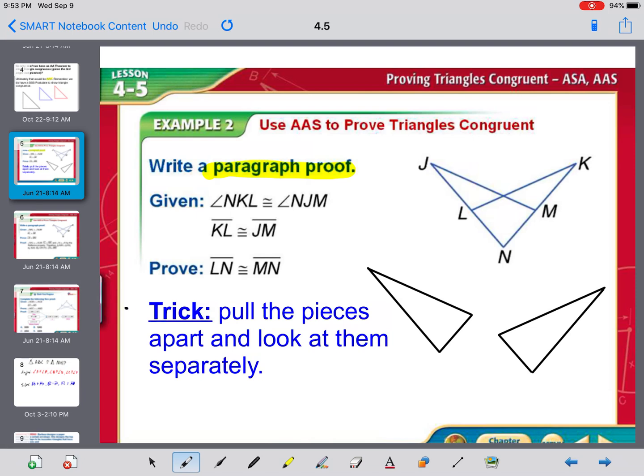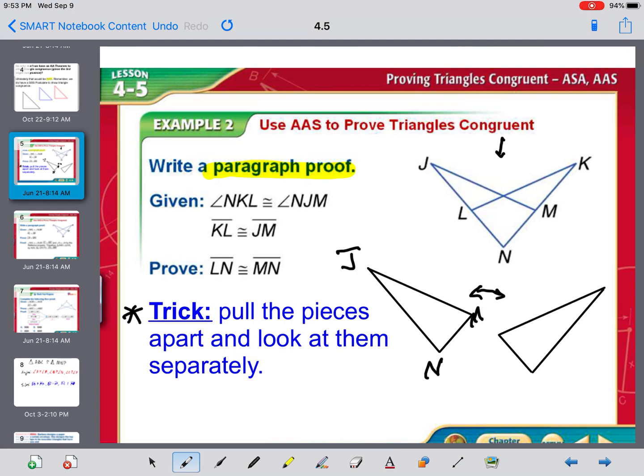Okay, I'm going to erase that line because I don't want it in the way, but it was not in the original problem. But I want us to write a paragraph proof. Like I said, I'm more interested in, can you think through this? I've noted here that we're going to do a trick, what I call a trick, or just a little insightful thing. We're going to pull the pieces apart.